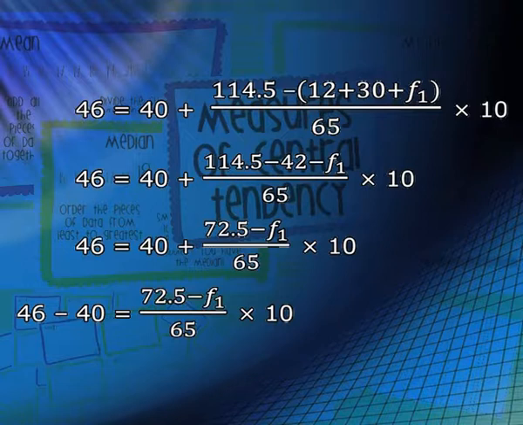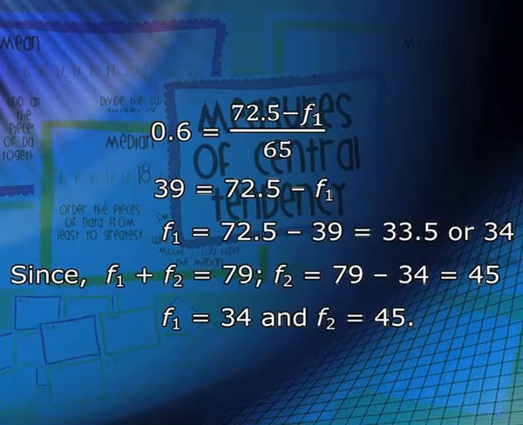Then 40 goes to the other side, it becomes 46 minus 40. And on the right hand side we have 72.5 minus F1 divided by 65 into 10. Then again on the left side we have 0.6 equals to 72.5 minus F1 divided by 65.